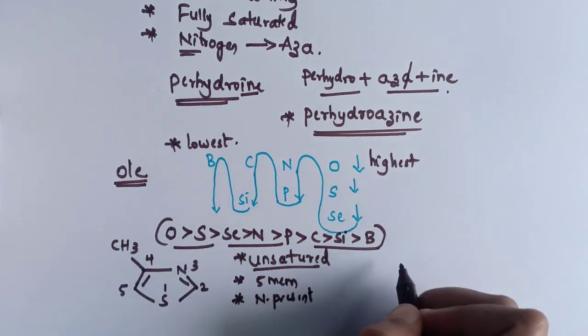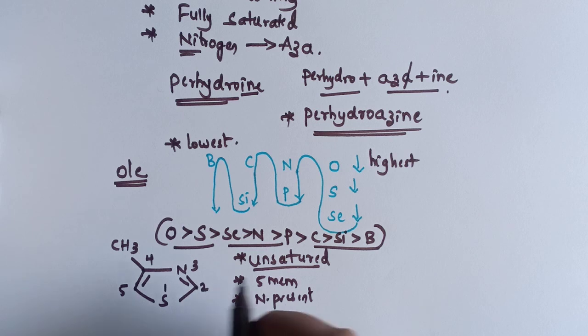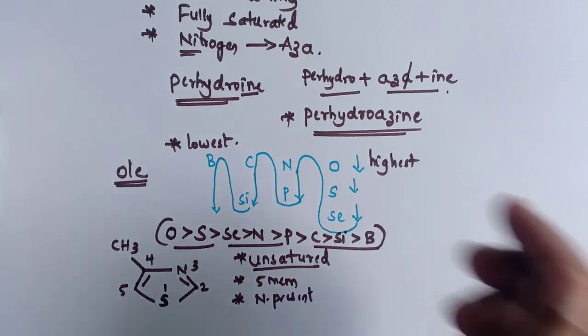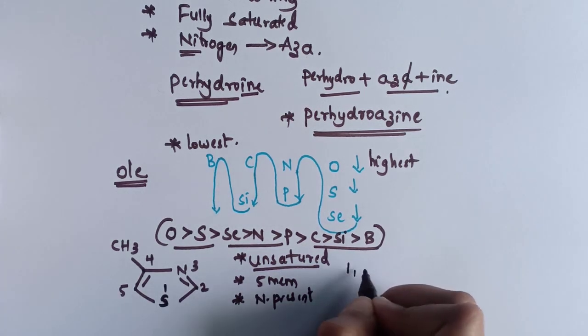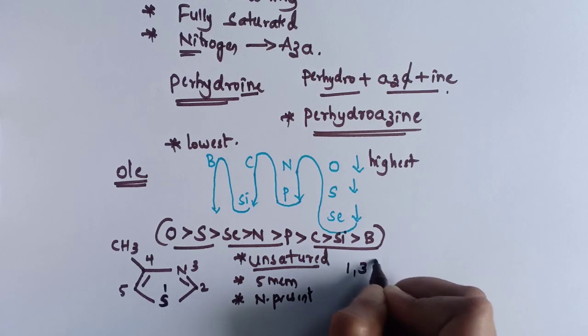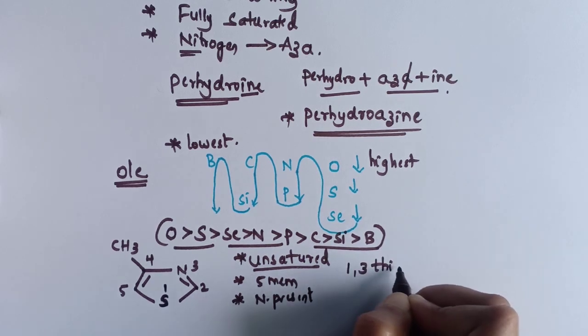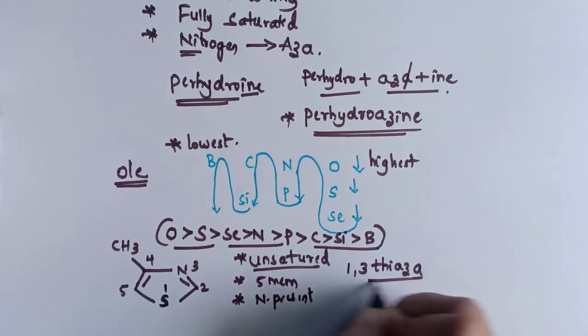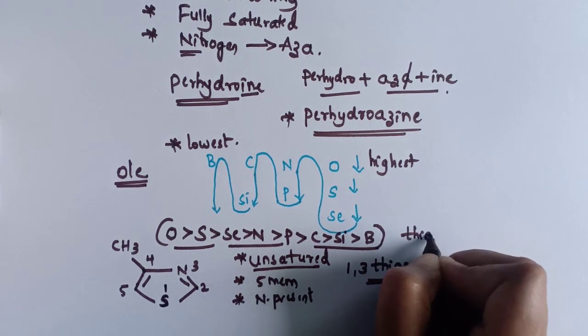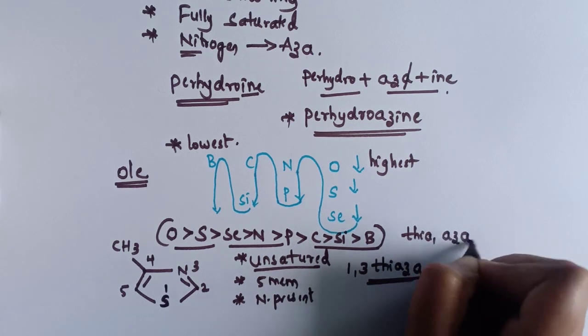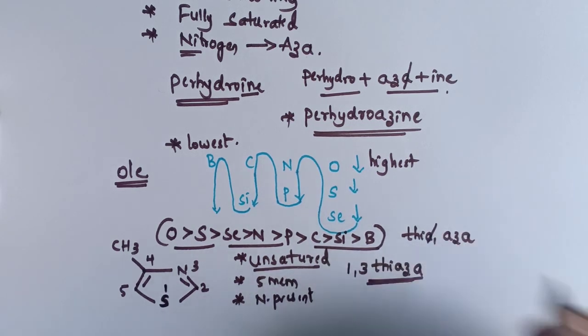And for the locants plus prefix, do we need to mention them here? Yes, there is a need to mention them. Why? Because there are 2 heteroatoms. In the first position here is sulfur and in the third position here is nitrogen. We should name it as 1,3-thiaza. Why? Because it is thia and aza, and we should cancel the last letter, so we get thiaza.